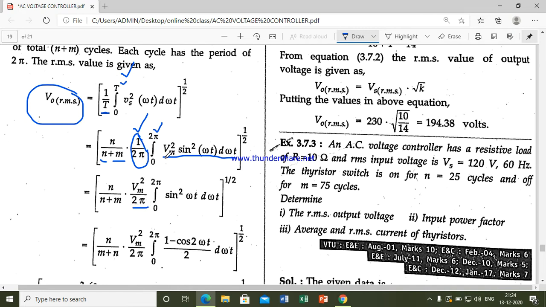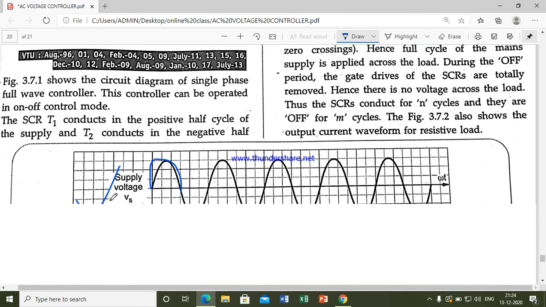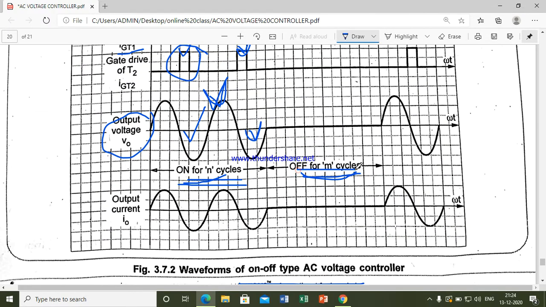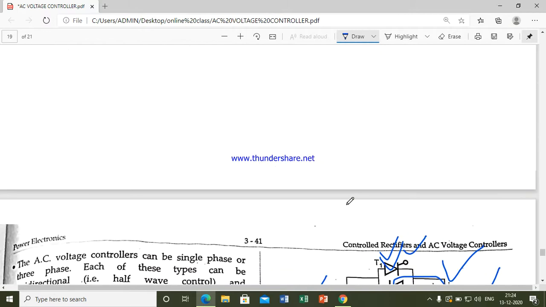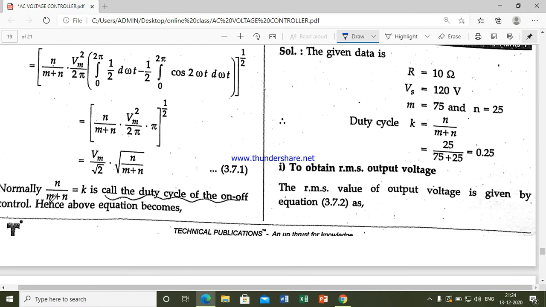Next, Vm is constant, keep it outside. Next, remaining is sin square omega t into d omega t. And also in this case you know that it will be on for n cycles and off for m cycles. So as you have seen in this waveform, it will be on for n cycles and off for m cycles. So we'll consider this part n divided by m plus n.